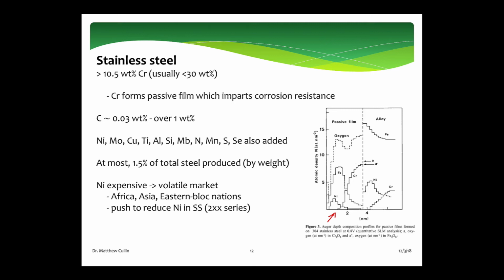Stainless steels that contain a lot of nickel tend to be really expensive. Molybdenum is also very expensive, but nickel in particular, as the nickel content of our stainless steel increases, the alloys become more and more expensive. And the main reason that nickel is expensive is actually because the market for nickel is very volatile.